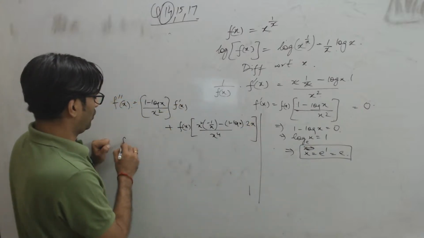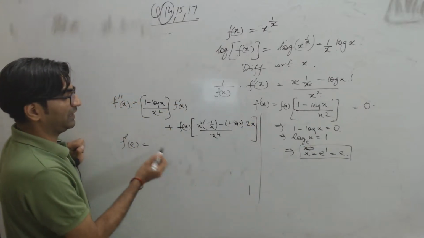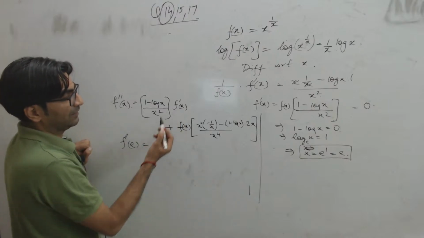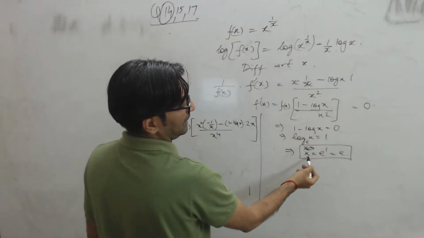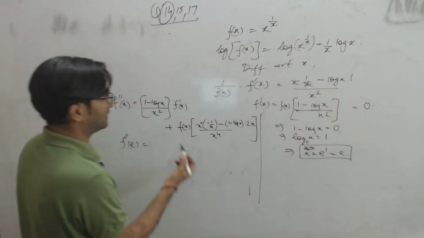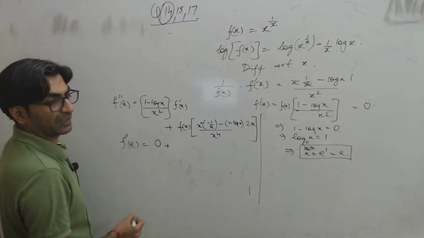And we want the second derivative at x equal to e. So if I put x equal to e, the first expression f dash e is equal to 0. F dash at e we know is equal to 0. I know that is the critical point. So the first expression automatically becomes 0.